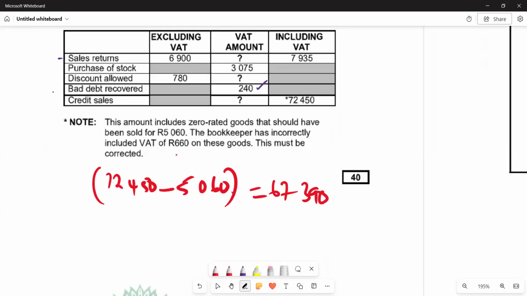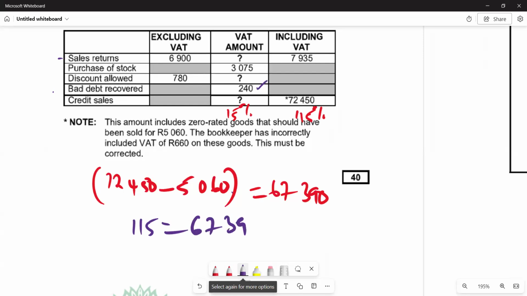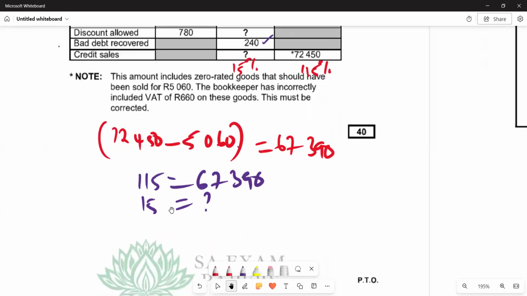That's what we have. So now we can use our proportion. Remember, we say our including VAT is 115%. And the figure that we want is 15%. So, simple proportion, we are going to say 115 is the one that we are given, our net figure, 67,390. The figure that we want is 15%, which is obviously a question mark. And we can just apply simple proportion by saying what we don't have becomes the numerator.